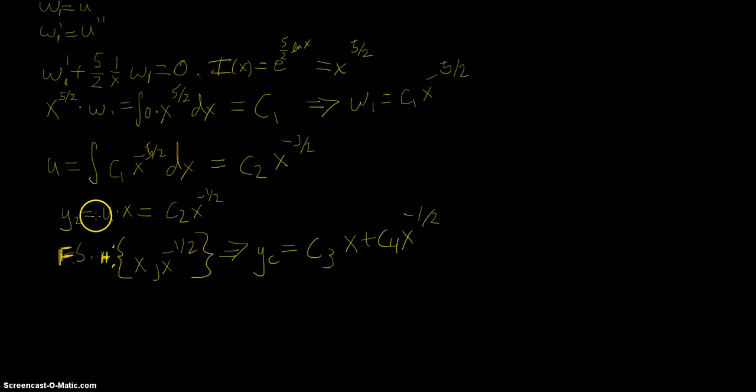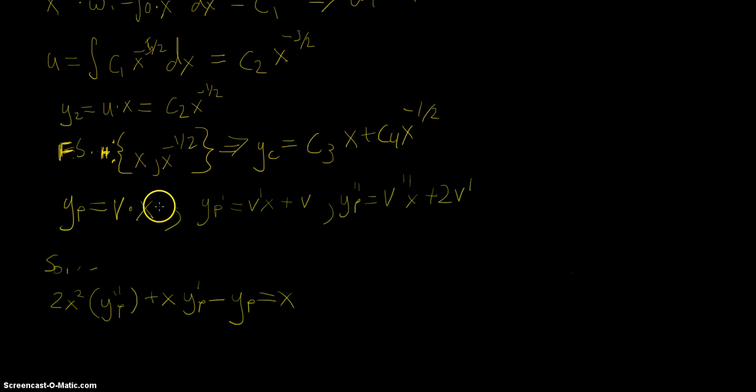So we know that all linear combinations of x to the negative 1 half and x are going to give us the entirety of our solution space to the complementary solution. What that means is, since I labeled C1 and C2 up here, I just went ahead and said, okay, this is x times C3, some arbitrary constant, plus C4 times x to the negative 1 half, some other arbitrary constant.